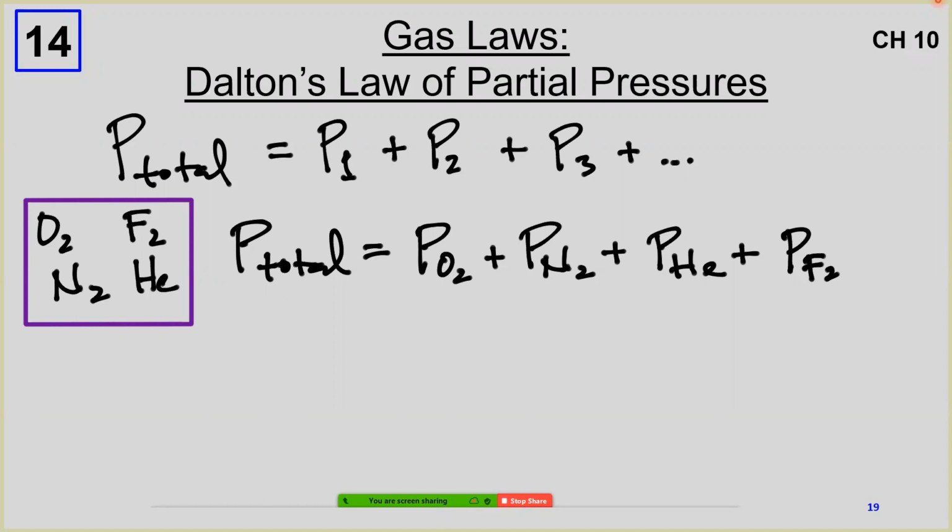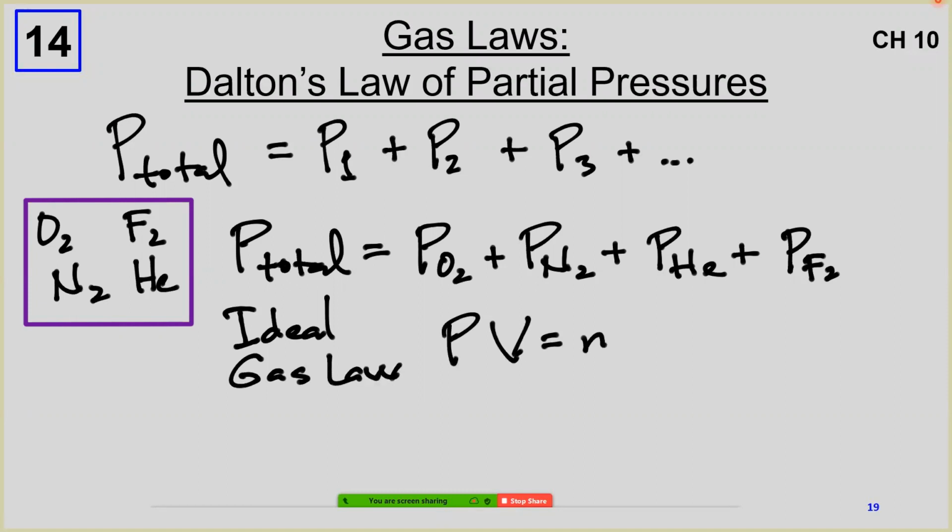Another equation that's just as equally important here is this law of partial pressures combined with the ideal gas law. Okay, so the ideal gas law is PV equals nRT. So let's say that these gases are all in the same container, right?